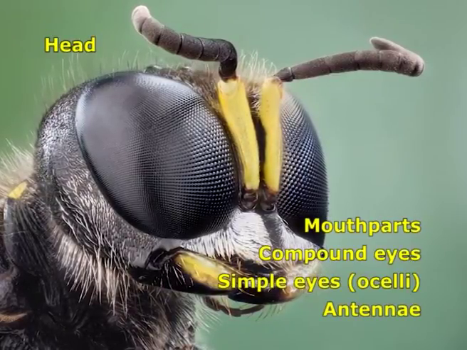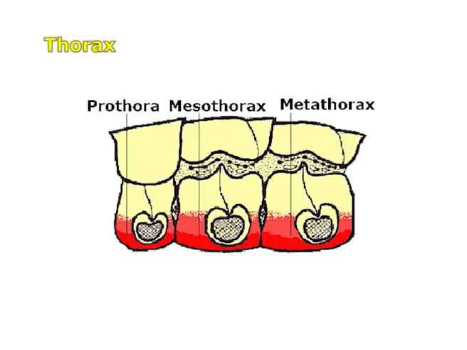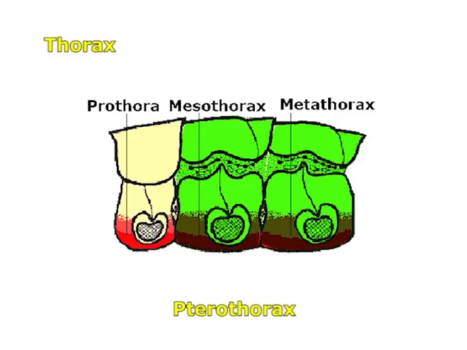Thorax. The thorax consists of 3 segments, that is prothorax, mesothorax, and metathorax. Meso and metathorax are together known as pterothorax.